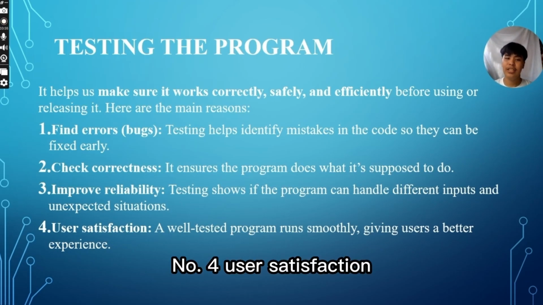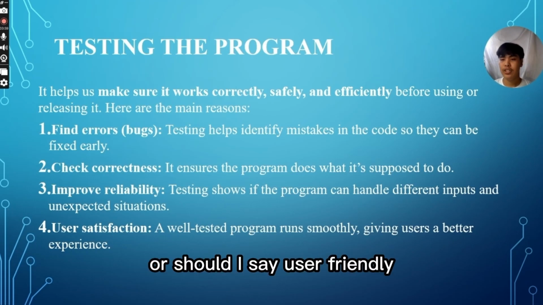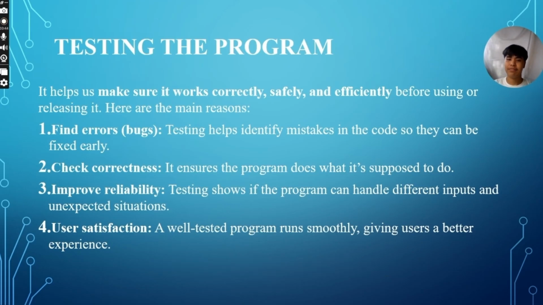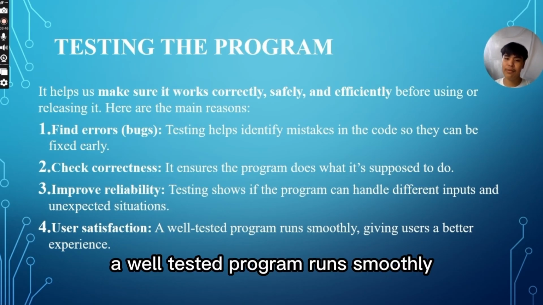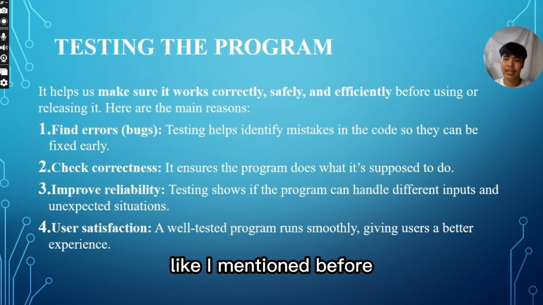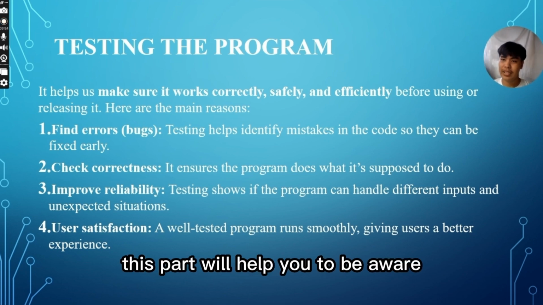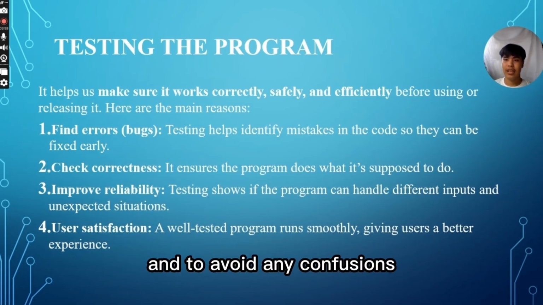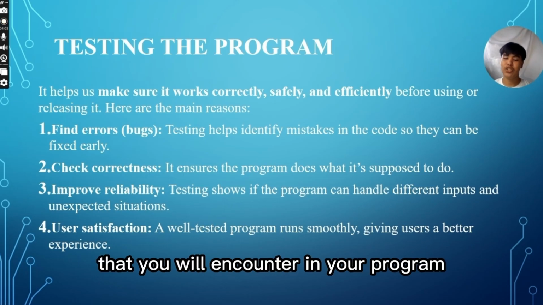Number 4, user satisfaction, or should I say user friendly. A well-tested program runs smoothly, giving users a better experience. Like I mentioned before, this part will help you to be aware and to avoid any confusions that you will encounter in your program.